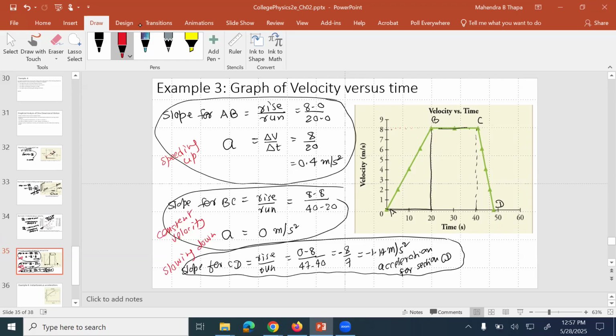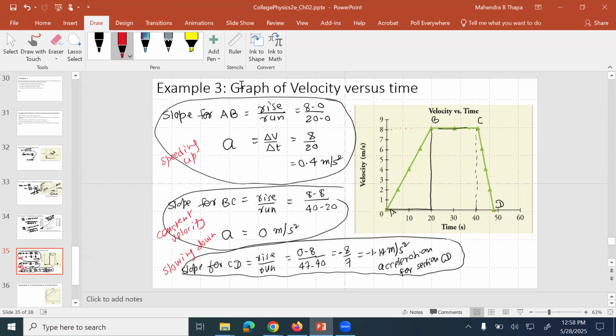In the speeding up case, V is increasing, change in V is positive, and acceleration is also positive. In the second situation, acceleration is 0, and in the third situation, acceleration is negative.